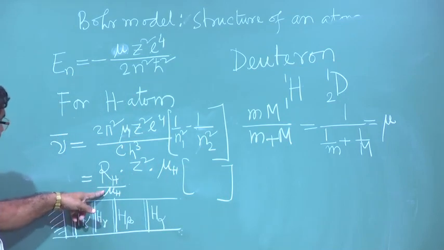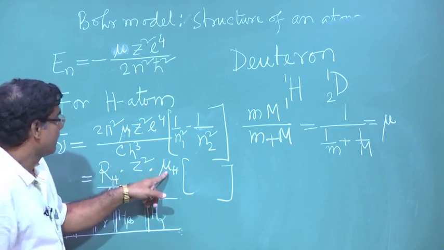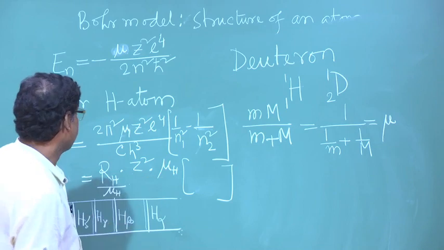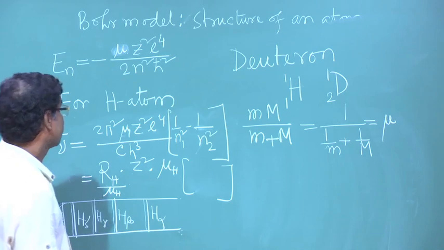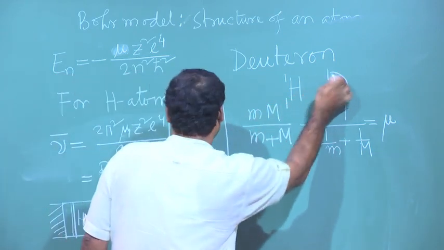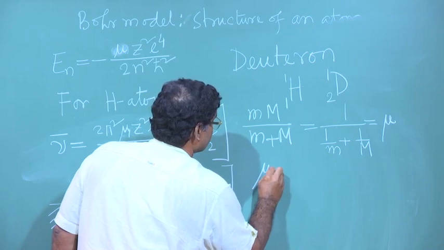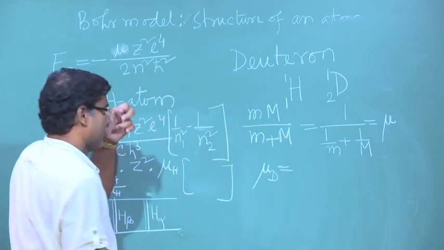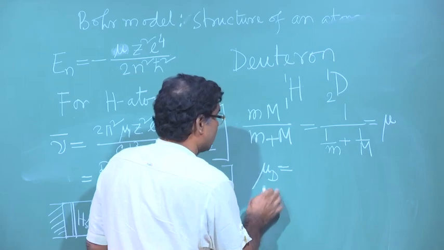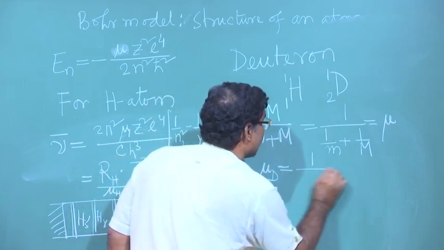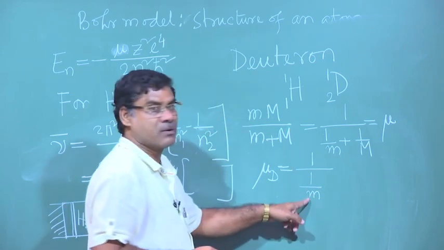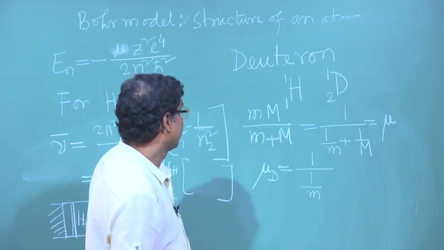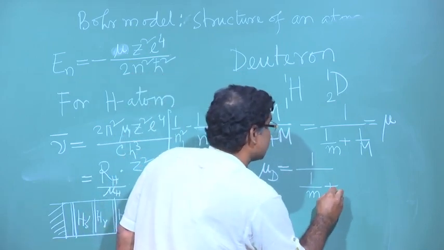Now, in case of mu h, and if I consider this mu d for deuterium, what I can do from here, I will get 1 by m, that is common for hydrogen and deuterium, but this is different.